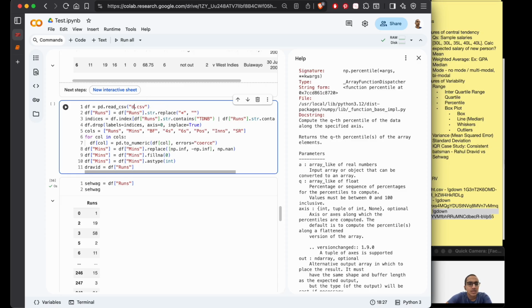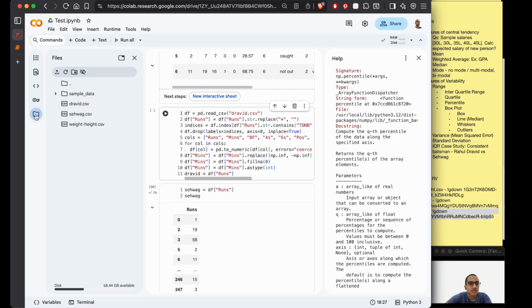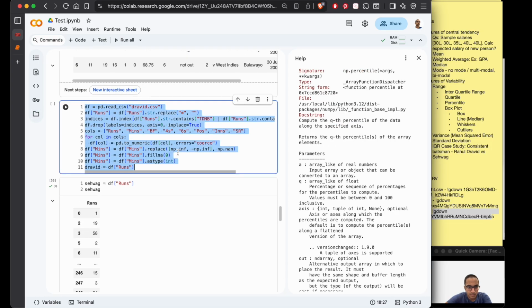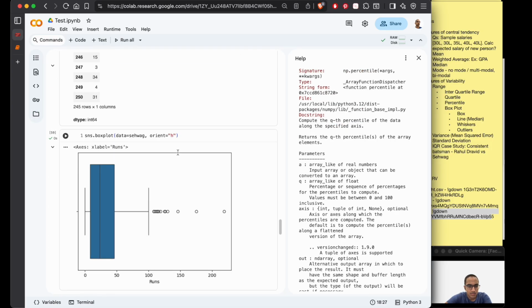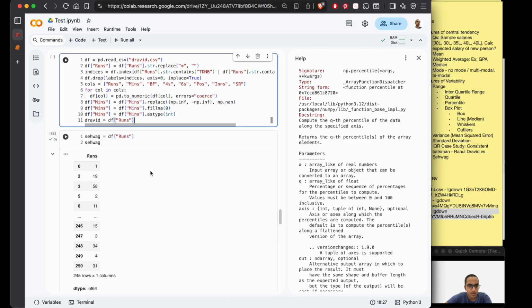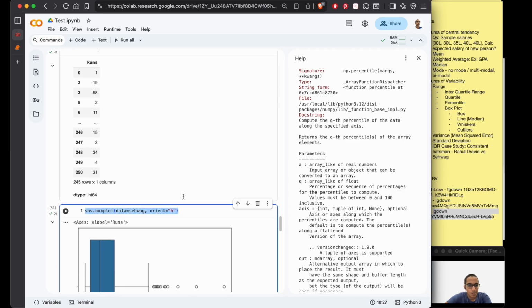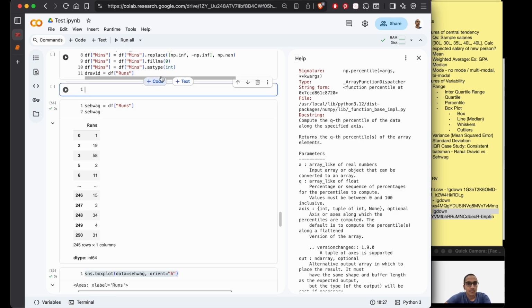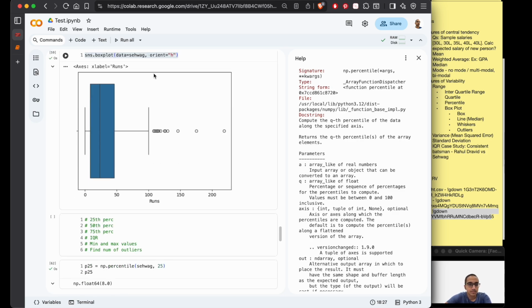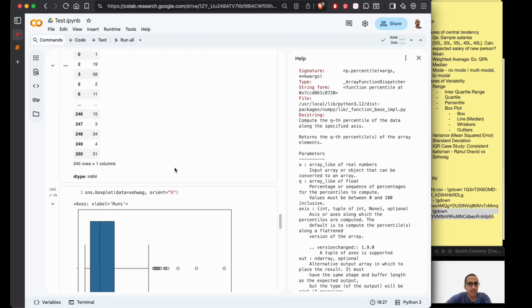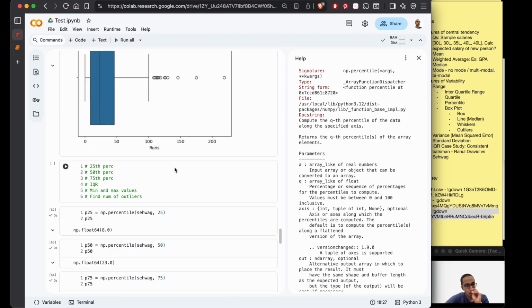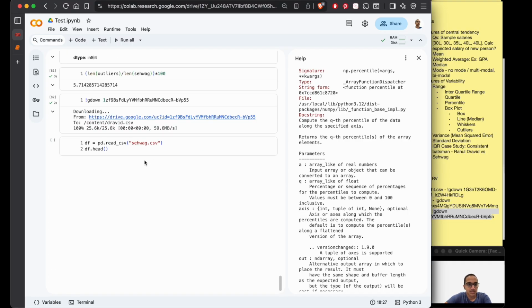This will be Dravid. I believe we have it. Yeah, there is dravid.csv, and then we will do a box plot as well. Let's do it till here, then we will see the remaining steps again.